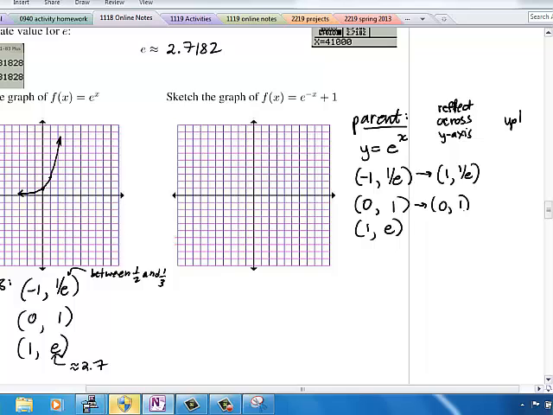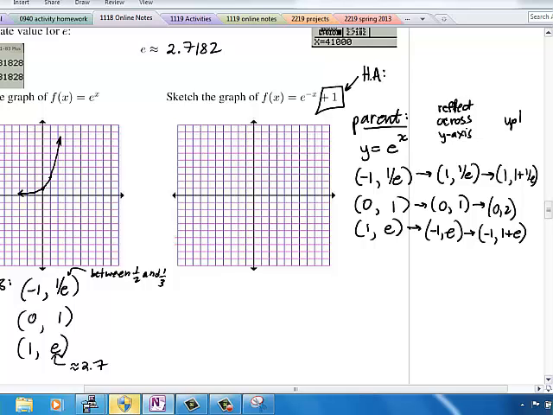That doesn't change that middle point. So 1, 1 over e for the last one, and then up 1 would be 1, 1 plus 1 over e, 0, 2, and then -1, 1 plus e. Because of the plus 1 on the end, I know my horizontal asymptote will be shifted up 1.